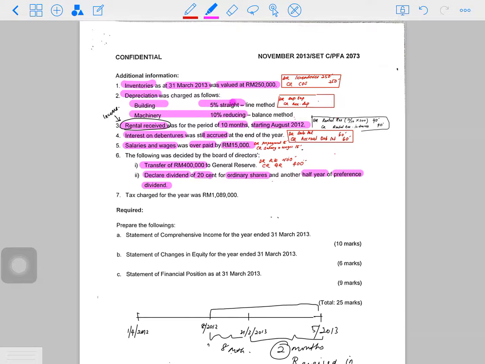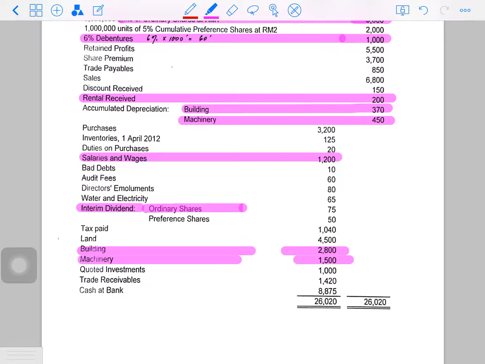They already have interim dividend here, right? Interim dividend, the dividend that was paid earlier, before the final dividend, which is 75.